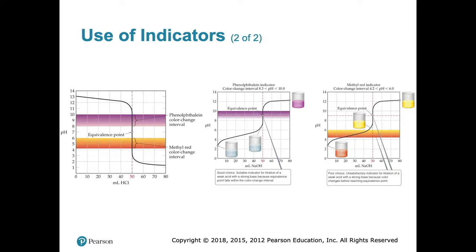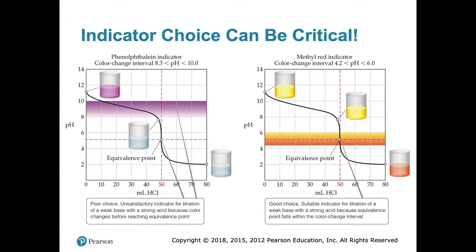So this is a very poor choice for acetic acid or a weak acid, because you want the color change to happen where the equivalence point is, to actually see where the endpoint is. So when titrating a weak acid like acetic acid with a strong base, phenolphthalein is good, but methyl red is bad.